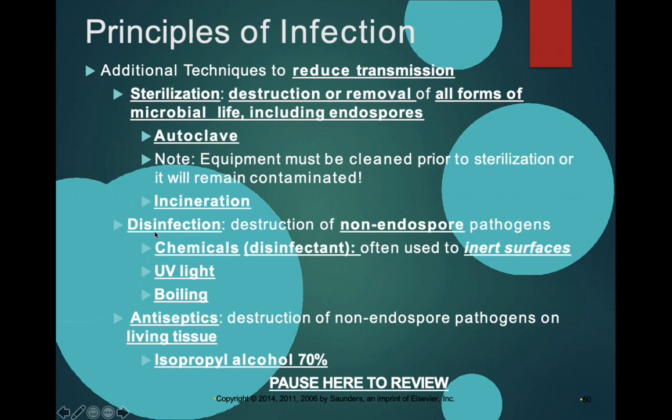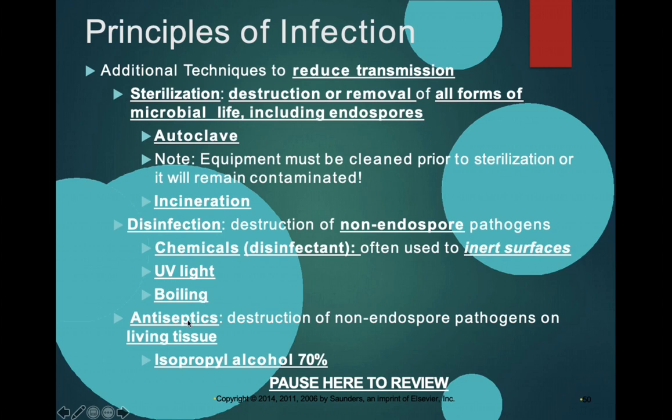Disinfection. That's the destruction of non-endospore pathogens. And disinfection can happen through chemicals. There are chemical disinfectants. There are certain UV lights that can be disinfectants, and boiling. Many parents, when they have infants, they'll put the baby bottle in boiling water to disinfect it. Okay?